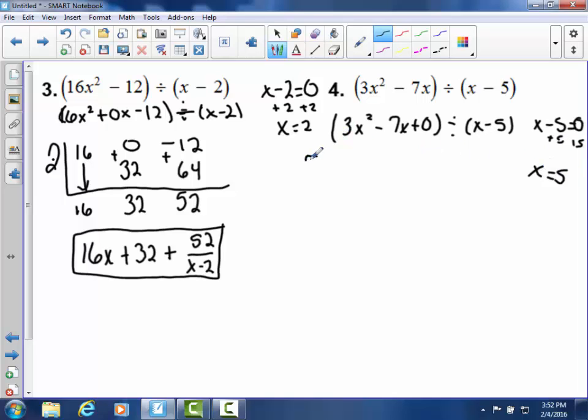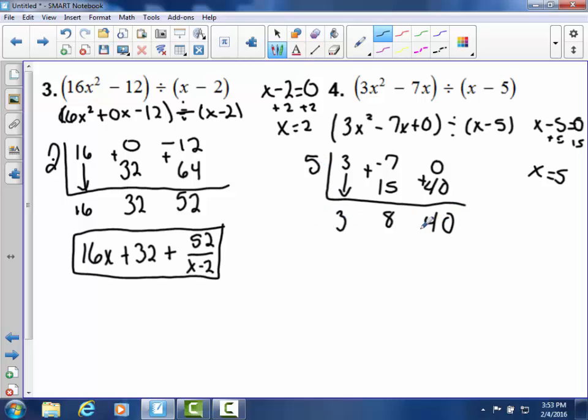So our setup is 5 on the outside, and then we do 3, negative 7, and 0. We bring down our 3. We multiply. We add. We multiply. We add.